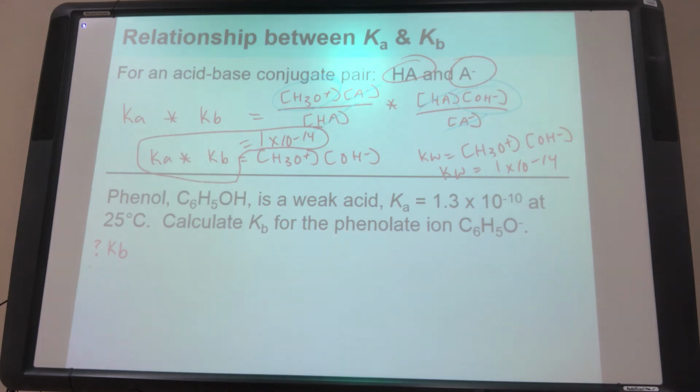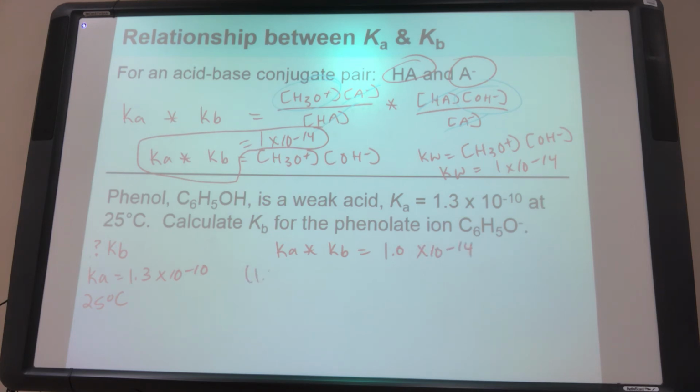They gave me Ka, at 25 degrees Celsius. That's it. They gave me Ka, and they want to know Kb. If I only have Ka and they want Kb, I need to know how they relate. Ka times Kb is equal to 1 times 10 to the negative 14.